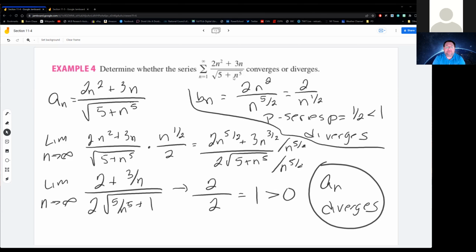And the comparison test piggybacks off that. Because as long as I can take a problem and simplify it down to one of those, now I have a way to compare it and figure out if it's going to converge or diverge. So we can take really complex problems like this and simplify it down basically to next to nothing to do. Otherwise, we would have had to do an integral on this one, which would have been a nightmare.